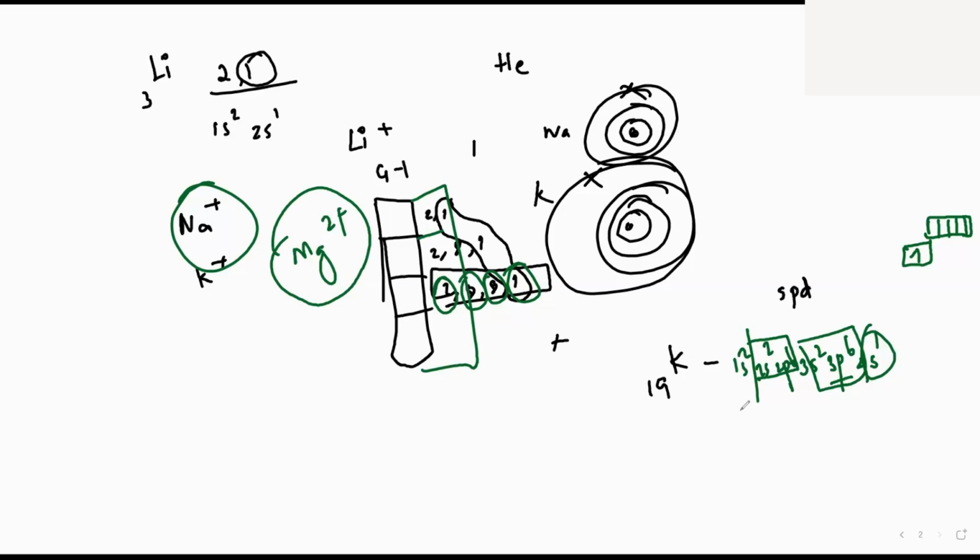Parallelly, non-metals on the other hand, for example, oxygen 8, 2 and 6. Instead of losing, it is easy for them to gain electrons. So again, why not lose electrons? See, in an atom, the currency is energy, and it is energetically costly.